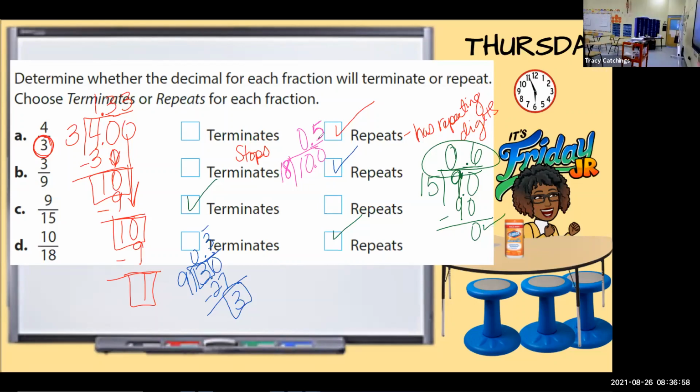Somebody help us out. 5 times 18. It's about 5. 90. Okay, that was 90. And then when we subtract, we'll get a 10, add another 0, we're back where we started. Good job, fellas, that did repeat.